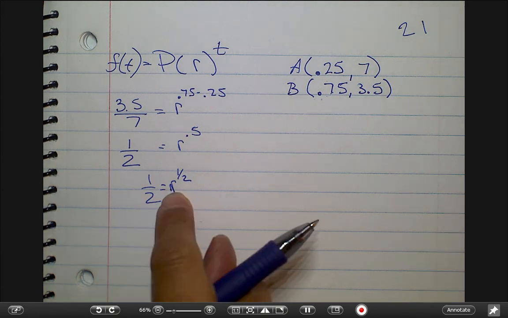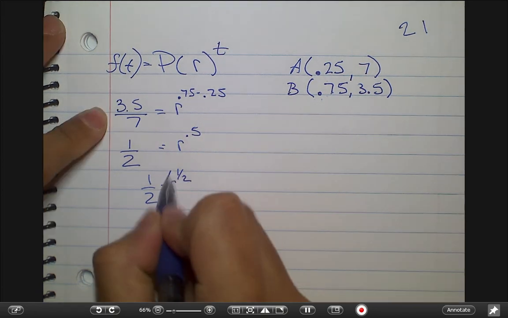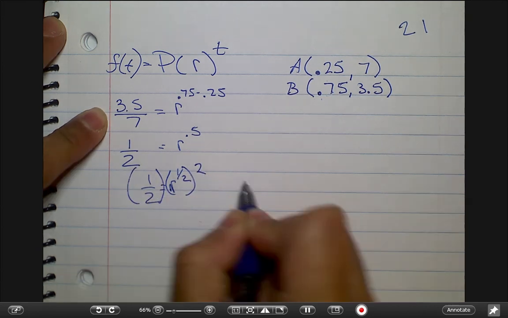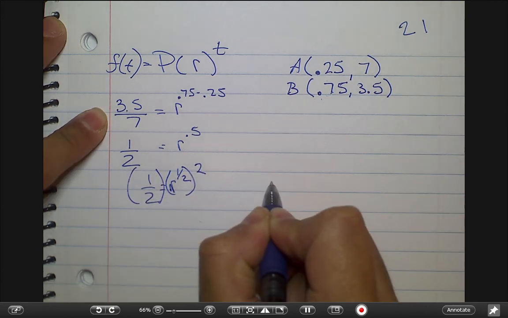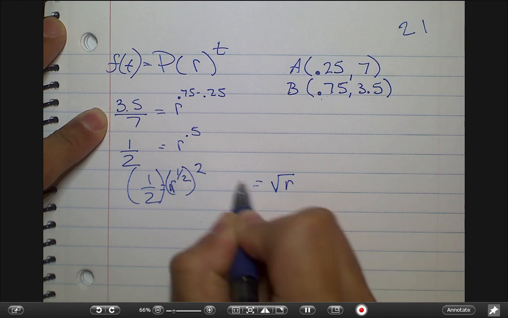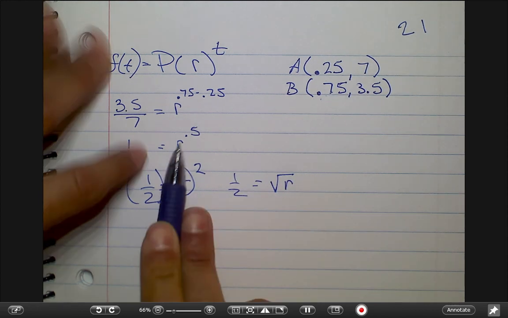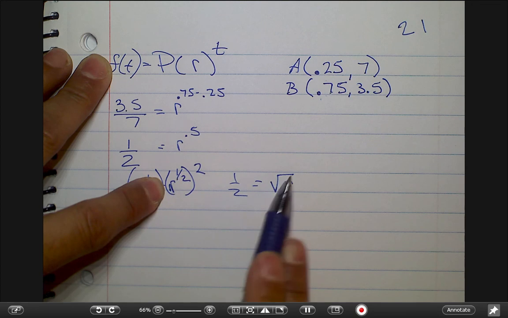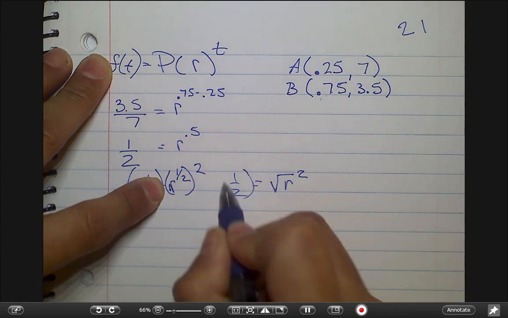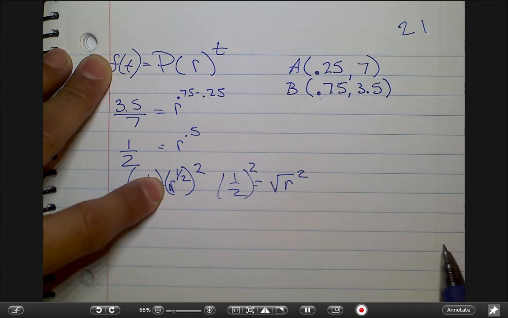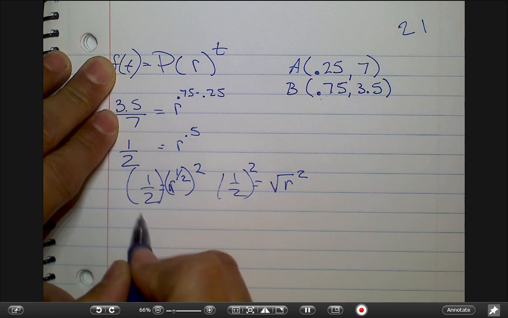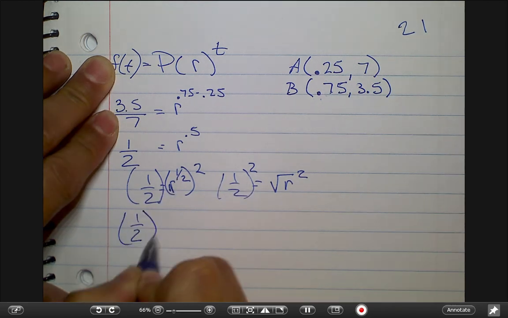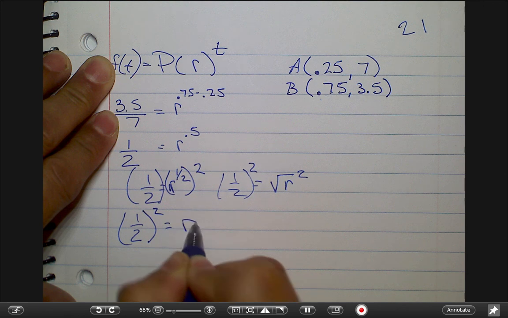It's going to make this next part easier, so I'm going to raise it to the second power, because if I had the square root of R equals 1/2, which means the same thing, right? To undo the square root, I square both sides. So I should get 1/2 squared is equal to R.